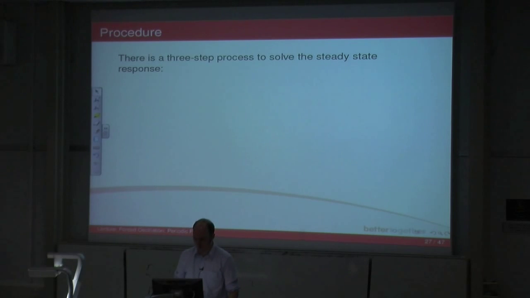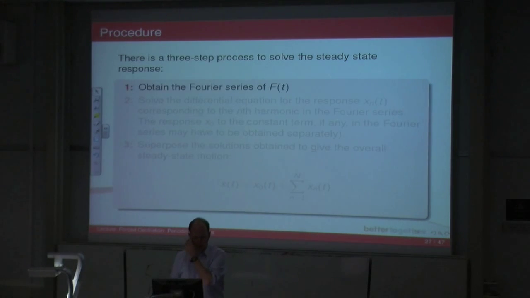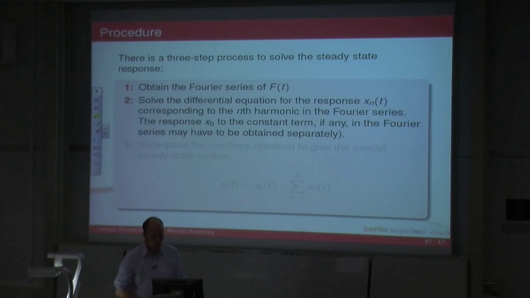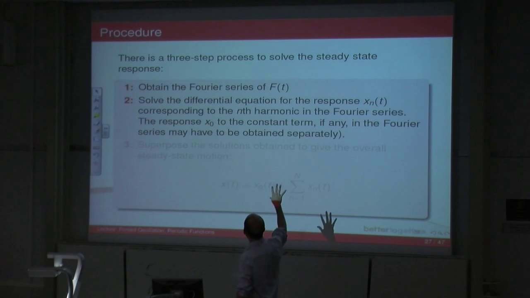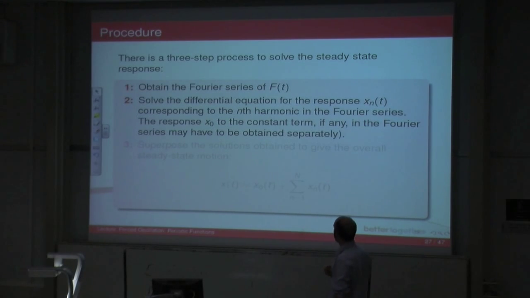So there's a three-step process to solve these problems. You first off need to find the Fourier series of f of t, if it's not given to you already. It may be given to you. We don't know. Okay? So you've got to find the Fourier series of f of t. Then you need to solve that differential equation. Okay, so if f of t is, I don't know, F0 sine of omega t or whatever, you need to solve for that solution, okay, x_n, for that corresponding nth harmonic in the Fourier series.